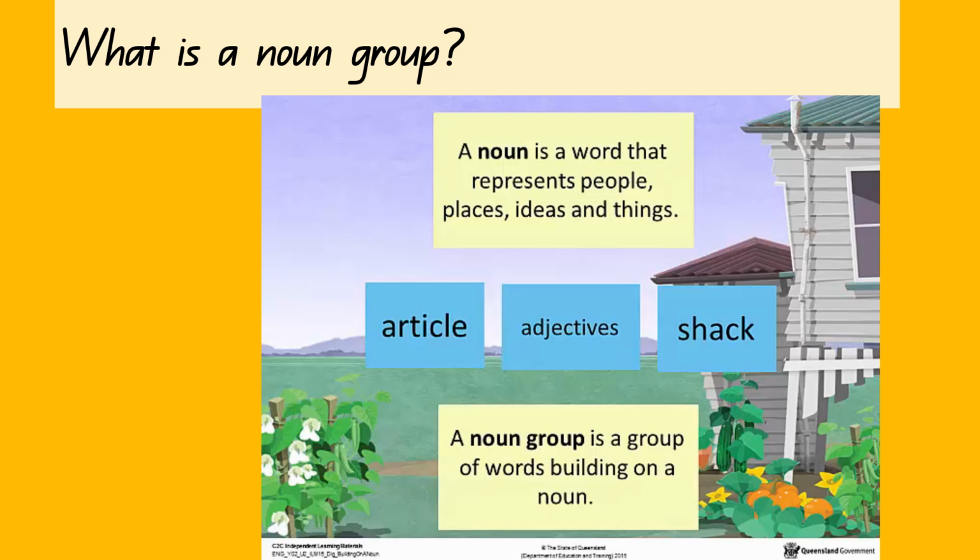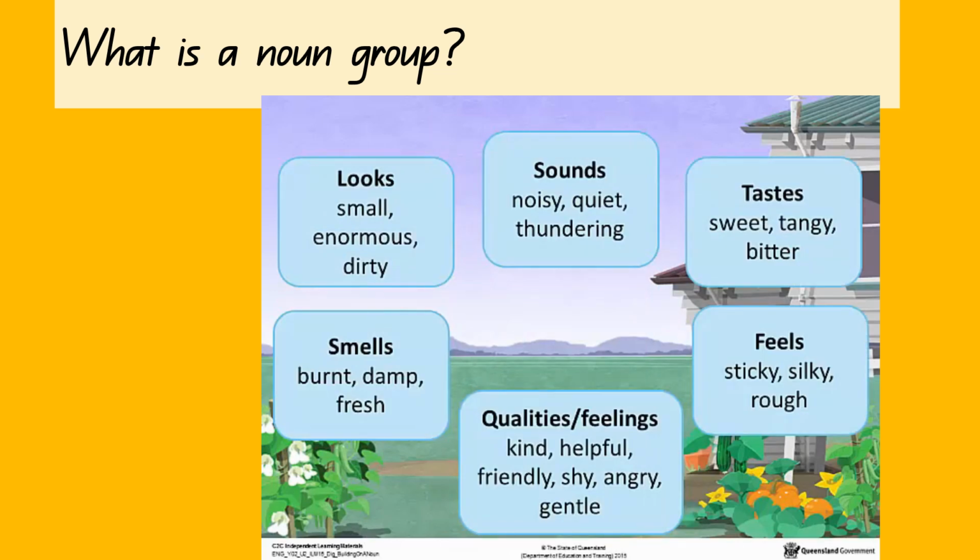When we are thinking of adjectives to describe a noun, remember to use your 5 senses and think of the qualities of the characters and settings you are describing. That way you will create detailed descriptions of the noun for your readers. Think about using all your senses, not just your eyes, to describe a character or a setting. Use your 5 senses and also think about the qualities a character might have.